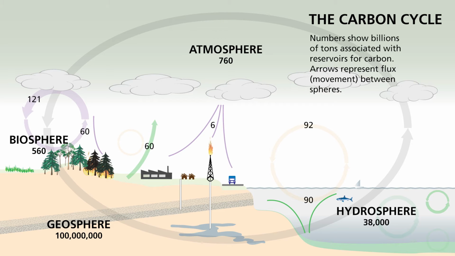So here you see the interaction from the atmosphere to the hydrosphere is approximately 92 billion tons per year. However, the atmosphere holds in total 760 billion tons of carbon, which it receives again through the hydrosphere, the biosphere, and the geosphere.